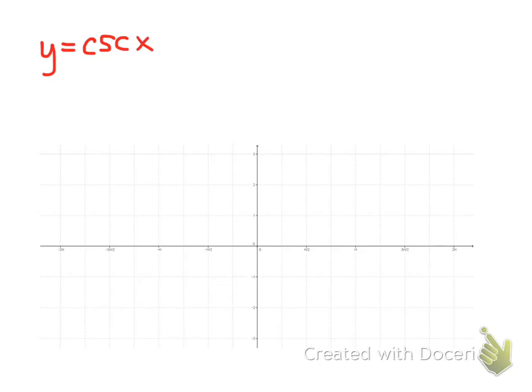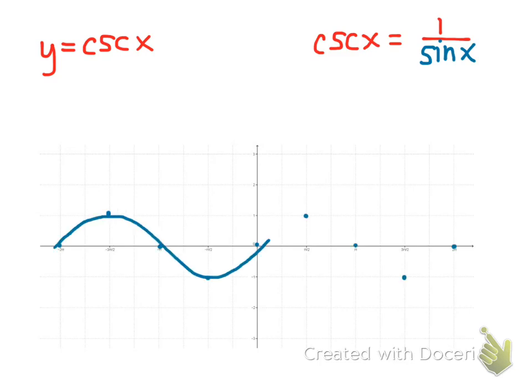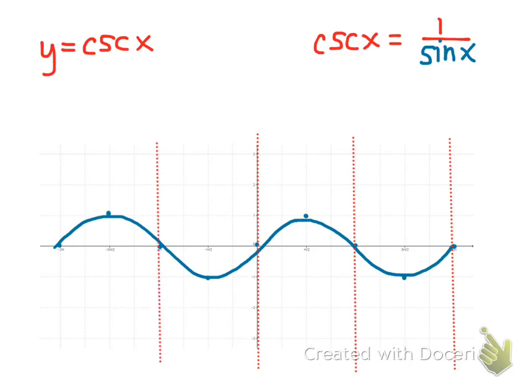Okay, now let's look at the cosecant of x. Well, the cosecant is 1 over the sine, so we're going to do something similar. We're going to graph the sine. Then we're going to look at where the sine is 0. We know the cosecant is going to be undefined, so we're going to draw asymptotes wherever the sine is 0.